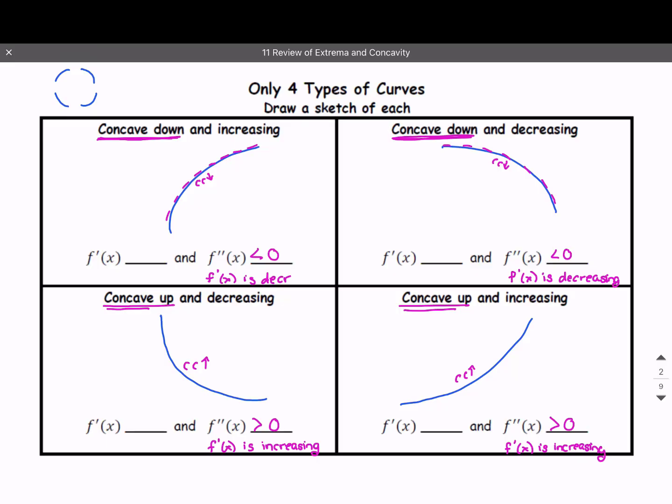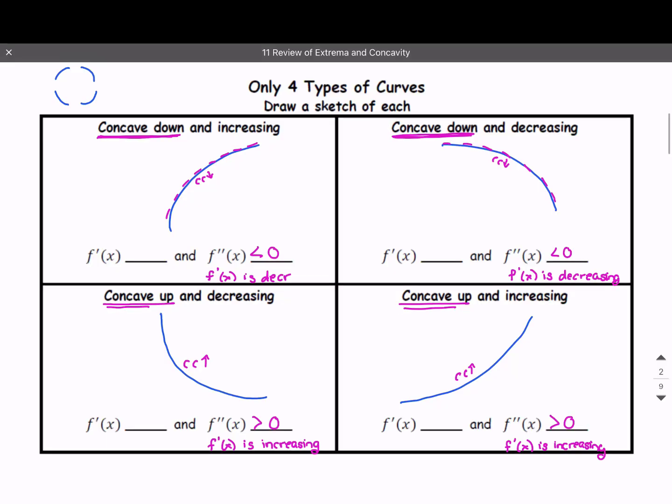Now, if we go back to the first curve and we look at the fact that the function is increasing, if our function is increasing and going up, that means that our derivative must be greater than or equal to 0. When our function is decreasing, our derivative is less than or equal to 0.